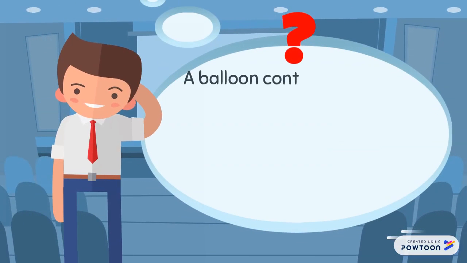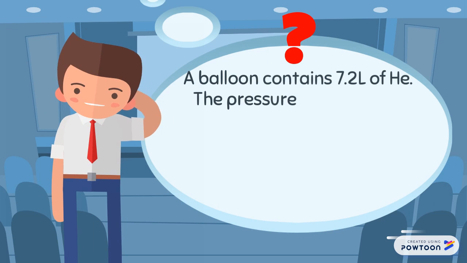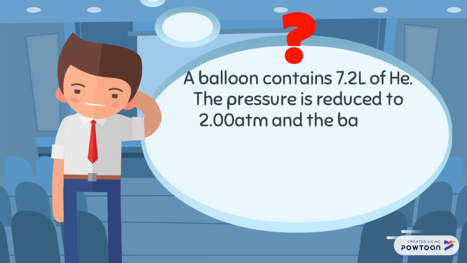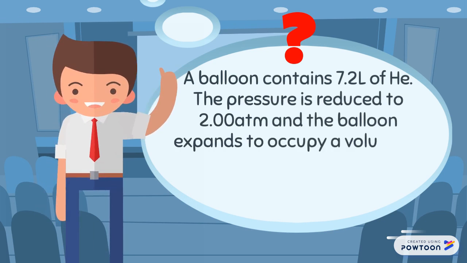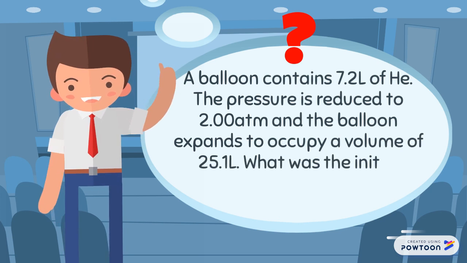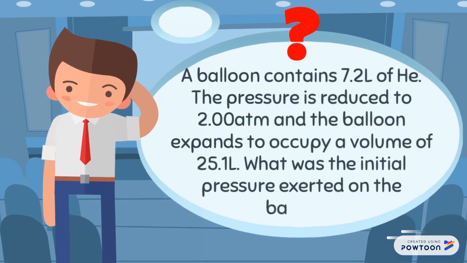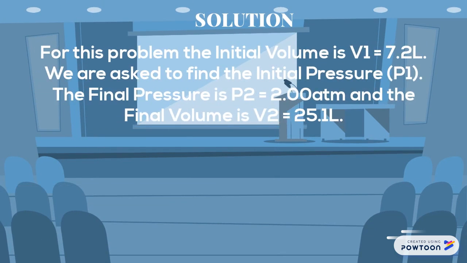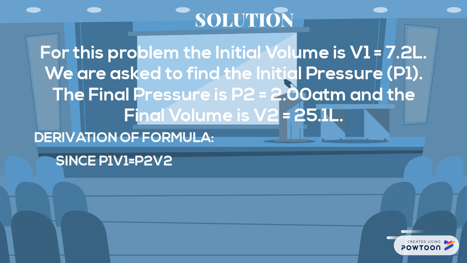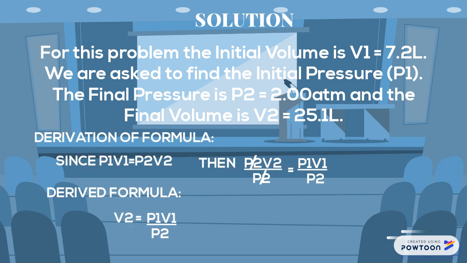A balloon contains 7.2 liters of helium. The pressure is reduced to 2 atm and the balloon expands to occupy a volume of 25.1 liters. What was the initial pressure exerted on the balloon? For this problem, the initial volume is V1 equals 7.2 liters and we were asked to find the initial pressure. The final pressure is P2 equals 2.00 atm and the final volume is V2 equals 25.1 liters.